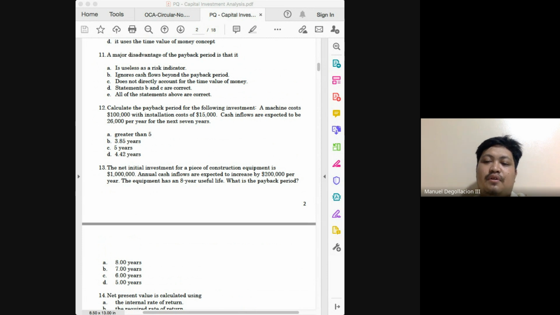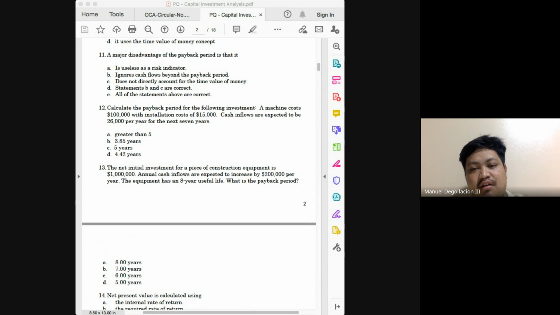Okay, so your total investment here, which you will try to recover, would be 115,000. So after 1 year, you will have an inflow of 26. So definitely you have not yet recovered your investment. 2 years, that would be 52. So still no. 3 years, that would be 78. And then after 4 years, it would be 104.